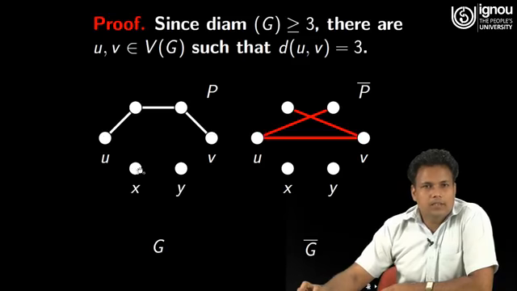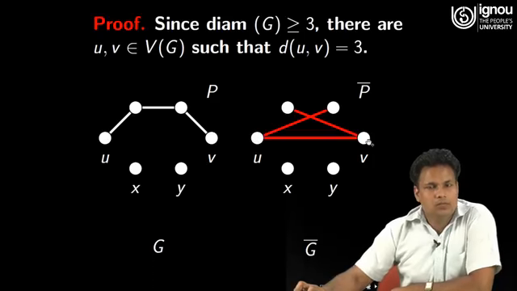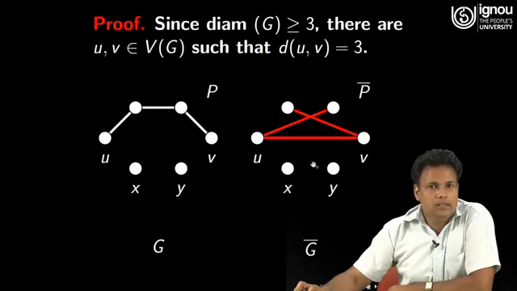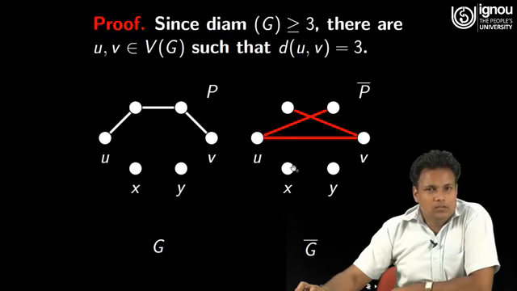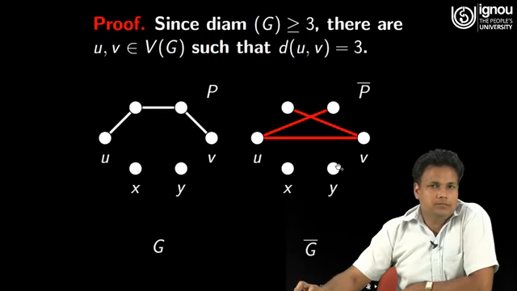As in the previous case, X is not adjacent to both U and V, and similarly Y is not adjacent to both U and V, and hence X is adjacent to at least one of U and V, and Y is adjacent to at least one of U and V. For instance, just consider the case where X is adjacent to U and Y is adjacent to V. So in that case, X and Y are connected by a path of length 3.